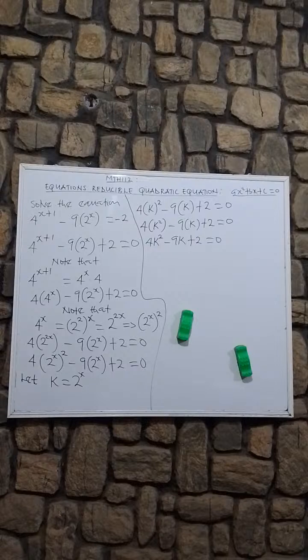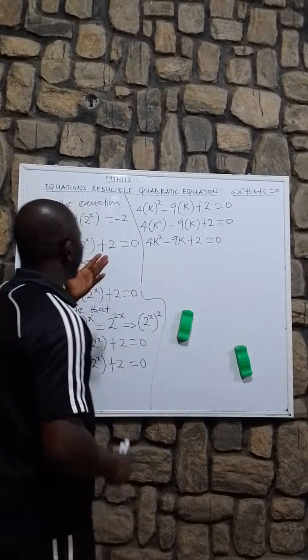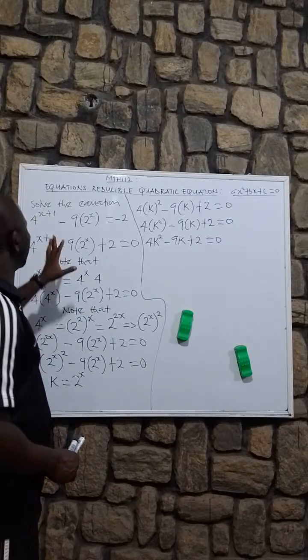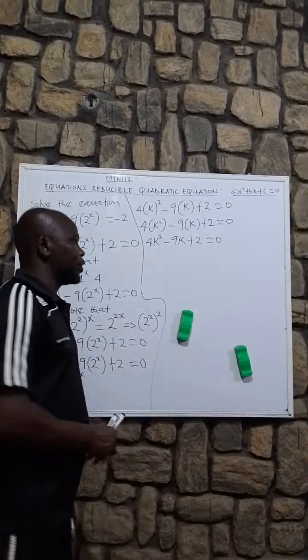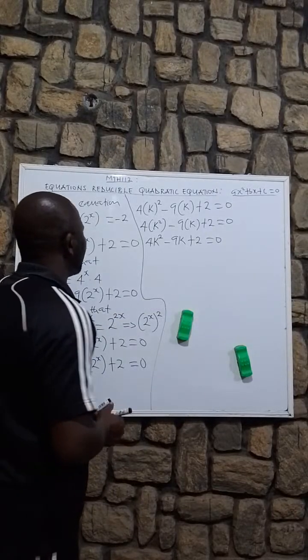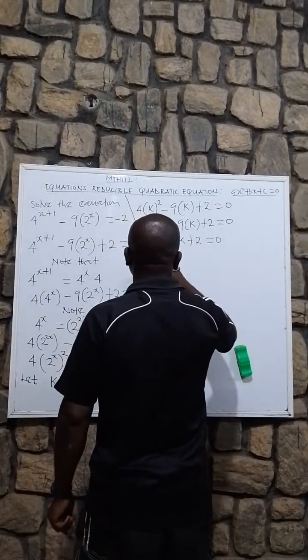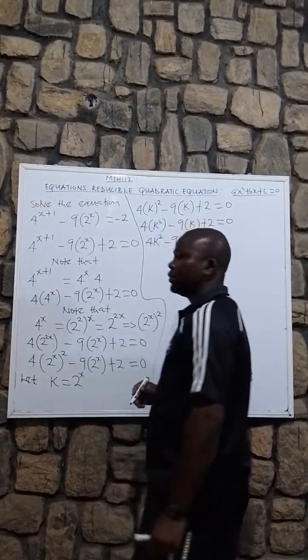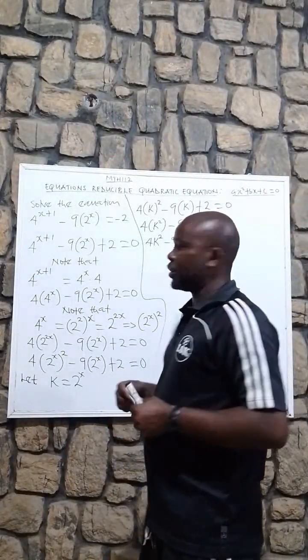Yeah. So how can we obtain this? Since we have reduced it into a quadratic equation, and we know quadratic equation, we have the method of completing the square. We also have the formula method and factorization method.